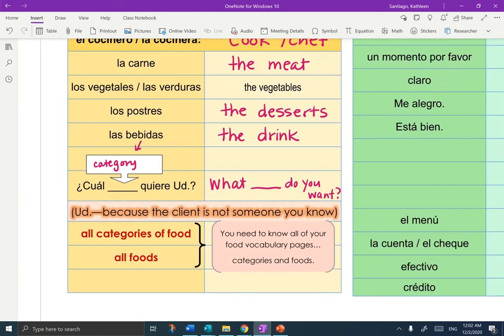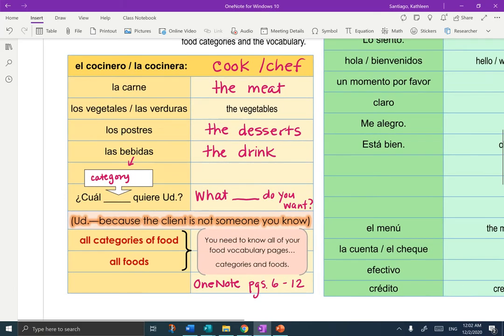Go back to the beginning and review in your OneNote. So I'm just going to write here, OneNote pages, all the way from like 6 through, I'm going to say like 12. Might be a little bit more than that. Okay, so that is the cook, the chef.